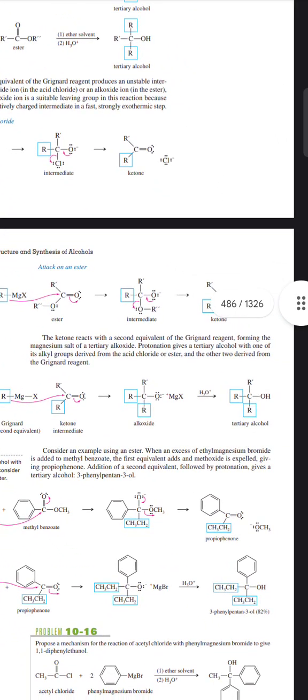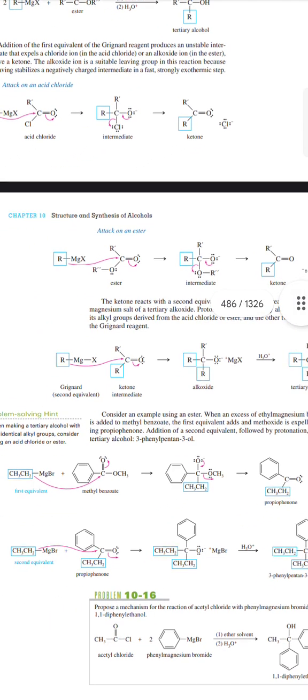Consider an example using an ester, when excess ethyl magnesium bromide is added to methyl benzoate. The first equivalent adds and the methoxide is expelled, giving propiophenone. Addition of a second equivalent followed by protonation gives a tertiary alcohol, that is 3-phenylpentan-3-ol.